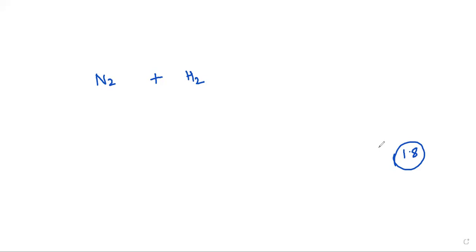Let me solve this for you and explain the way I solved it. First you have to write the equation: N2 plus H2 gives NH3, and you have to balance it. So it is 3 H2 and 2 NH3.